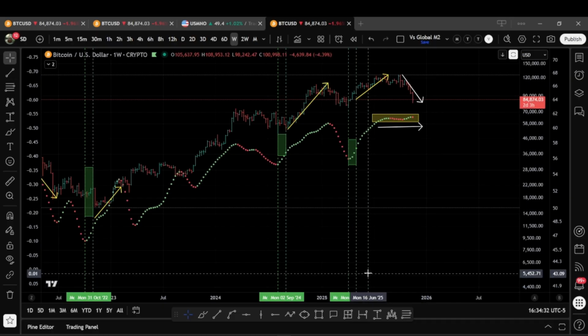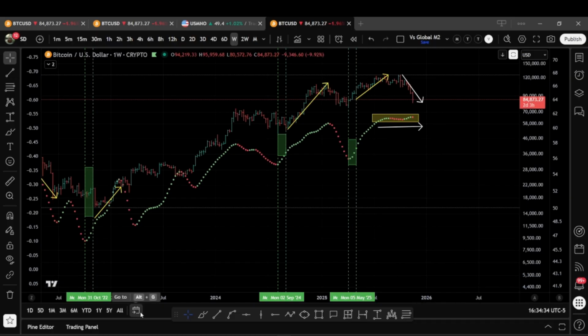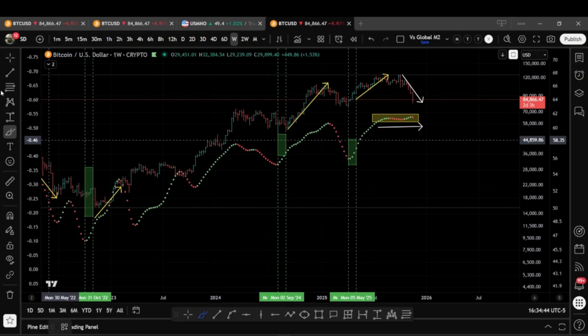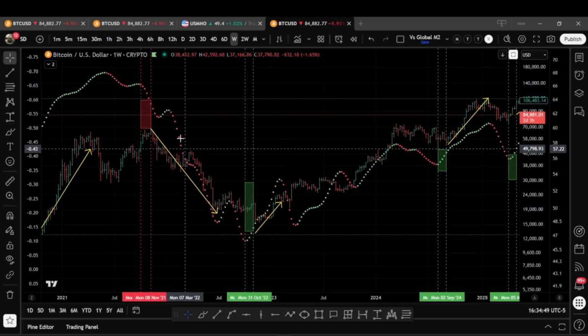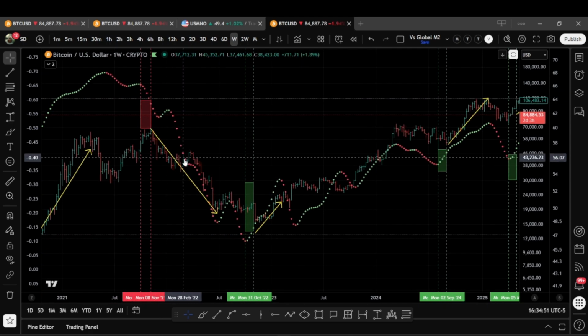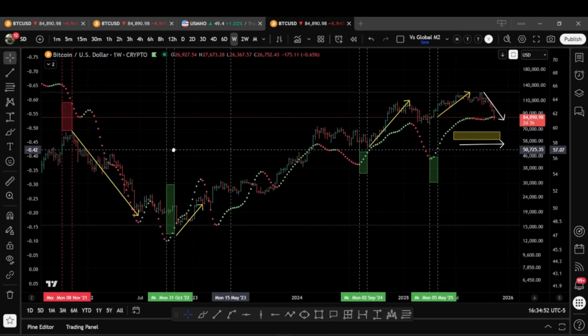So I expect, I don't know when, I don't know if it's this week or next week or mid-December, but if this was a Bitcoin top, I would expect to see this. It's not.